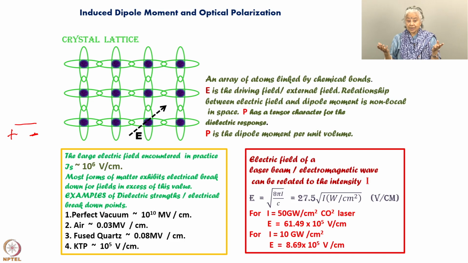By electrical breakdown, you already know all these electrons that are displaced. When the electric field is so large that these loosely bound electrons have left the nucleus completely, you have a stream of electrons moving about here and there.